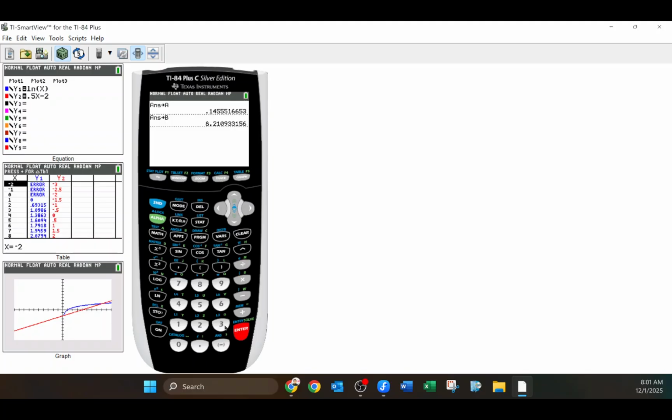So now the nice thing is I've done a lot of work in the calculator already. So when I want to integrate the two, right, I'm going to go to math, down to 9. Okay, to integrate, I'm going to go alpha A up to alpha B. And then your variable, if you remember your variables, y variables.